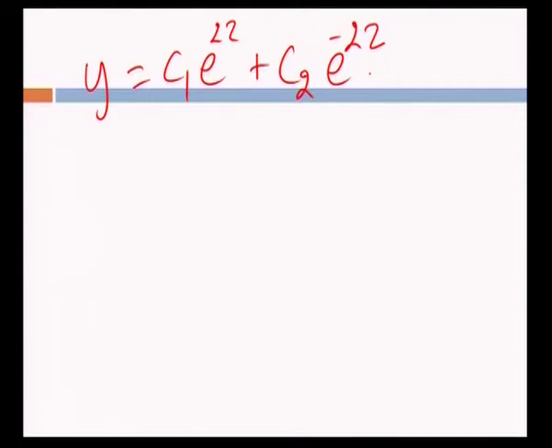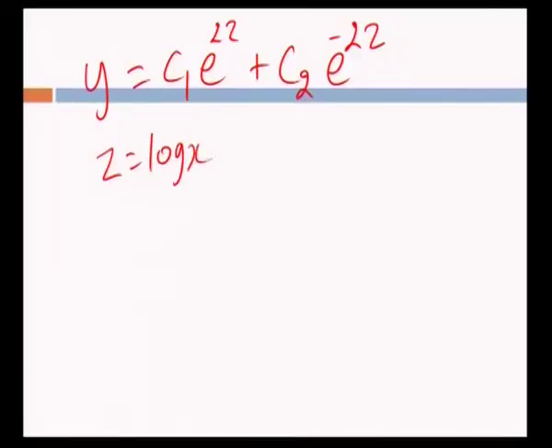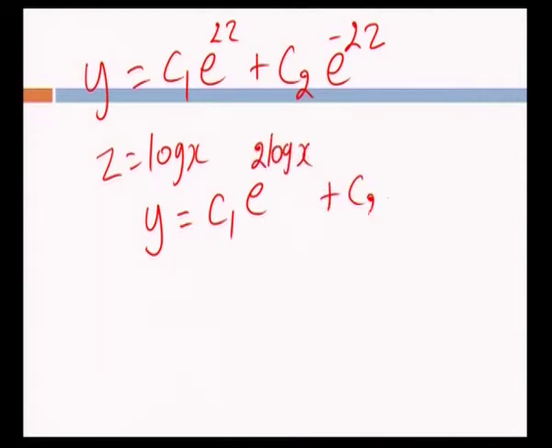Now, z is nothing but log x. Substituting z is equal to log x, we get the desired solution as y is equal to c1 into e power 2 log x, plus c2 into e power minus 2 log x.